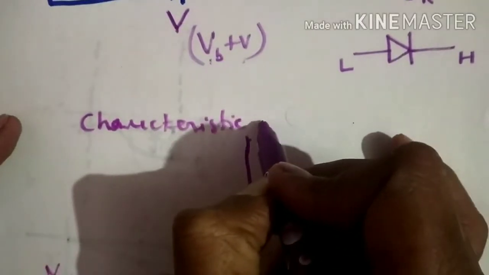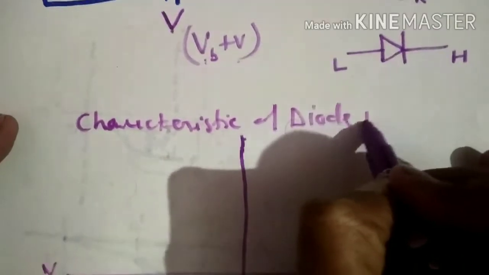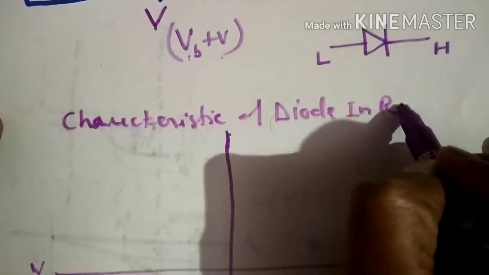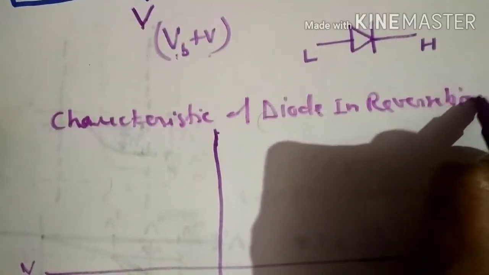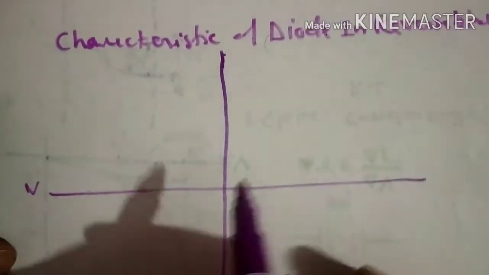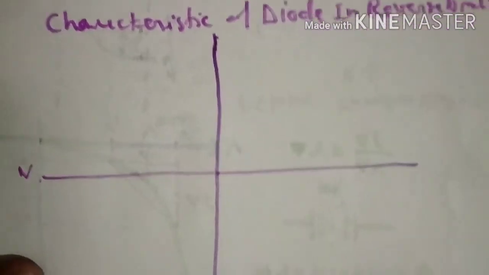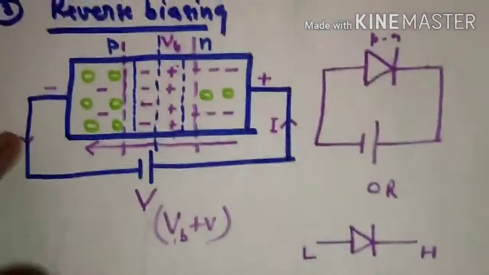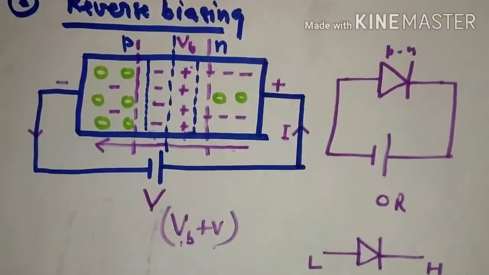Characteristic of diode in reverse biased. So the voltage is reversed, so I have represented the voltage along the negative x-axis, and the direction of current, just you see, is also reversed.